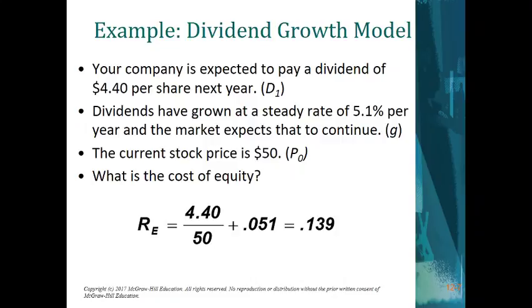What is the cost of equity? Well, you simply take your 4.40 and divide it into $50 plus 0.051. So that equals 13.9%.